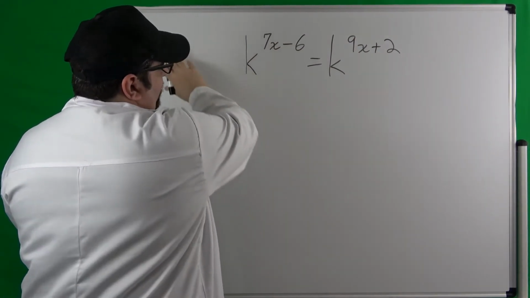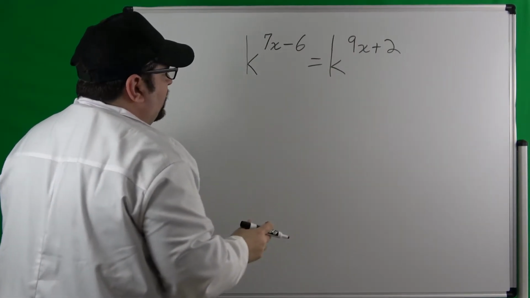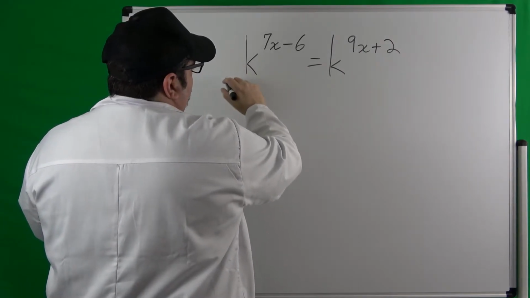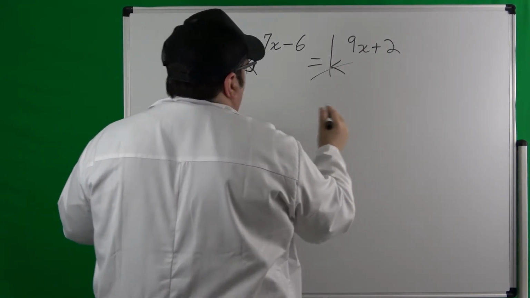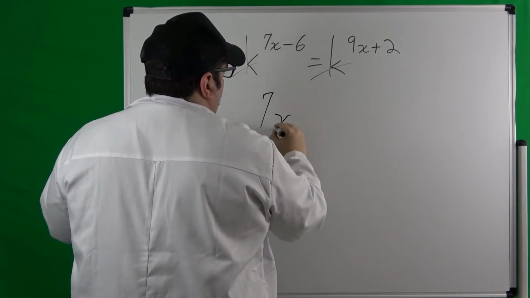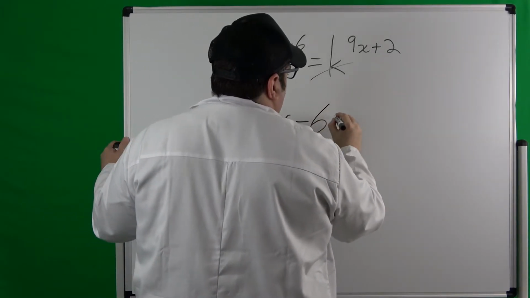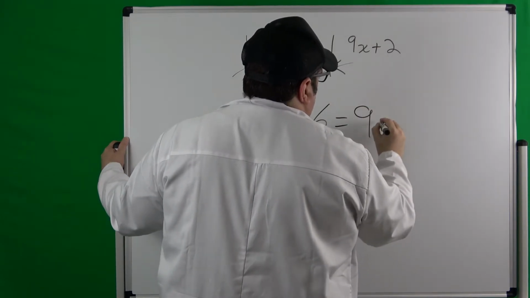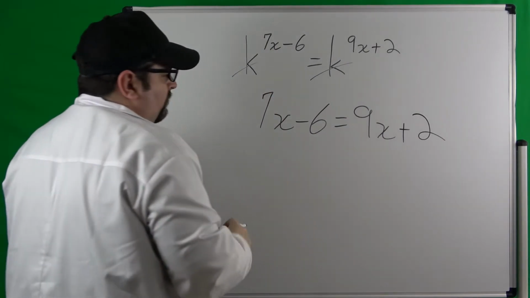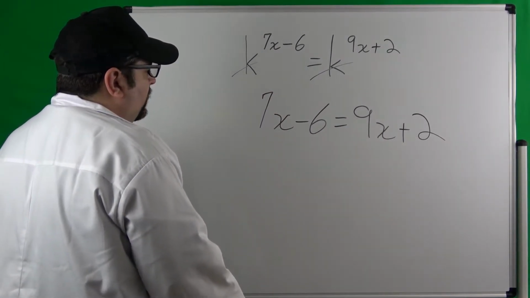Once they've been isolated and we don't have anything else around, we can just get rid of these and bring the exponents down. 7x minus 6 equals 9x plus 2, and solve like we normally would.